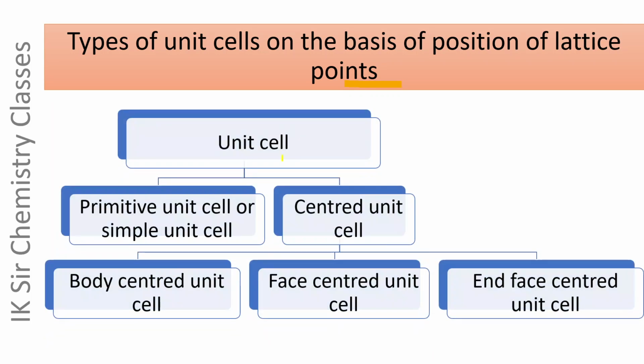First of all, unit cells are of two types: primitive unit cell, which is also called simple unit cell, and centered unit cell. The centered unit cell is again of three types: body centered unit cell, face centered unit cell, and end face centered unit cell. All these will be discussed in the next video.